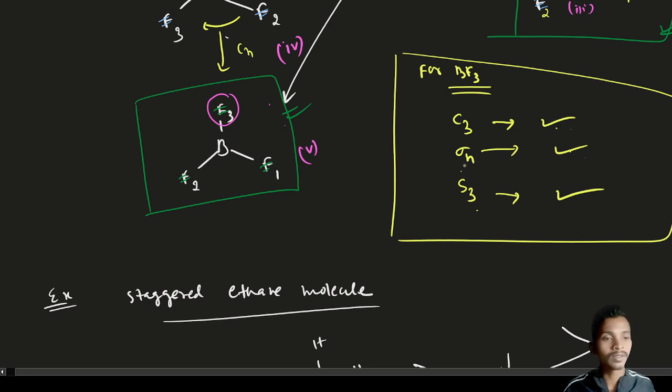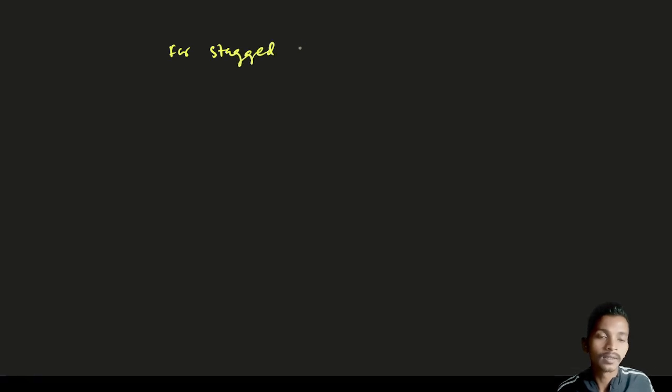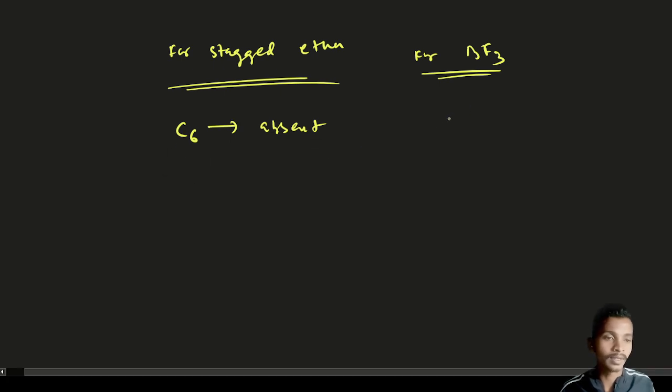So if I combine it, for staggered ethane and for BF3, C6 is absent, here C3 is present.